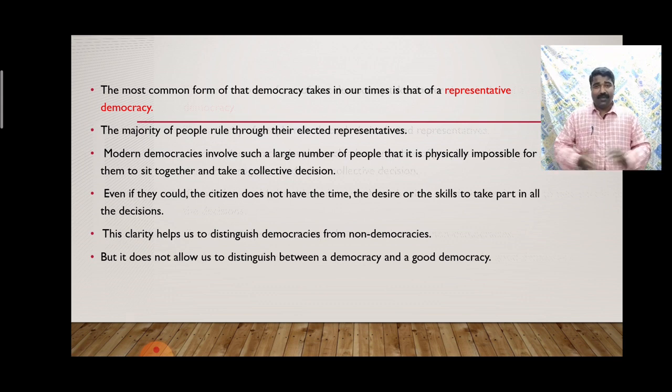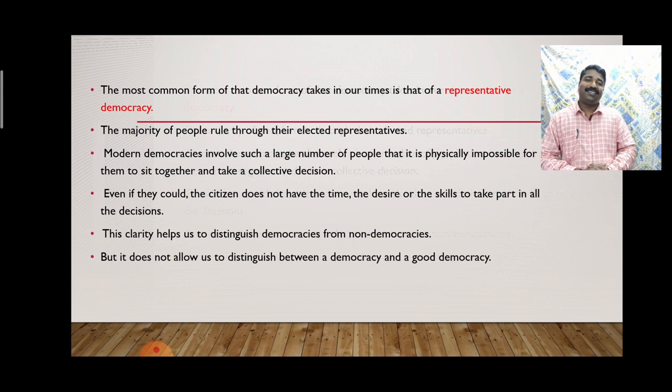Okay, if the population is large, we cannot sit together. But think of a situation where we can sit. Not all the people have that much time. Even though they have time, they may not be willing to participate. Their desire may be different. And if they have the desire, a problem of skill may arise. If you don't have the skill to participate in decisions, or to think about the possible outcomes of a particular issue, you won't participate in decision making.